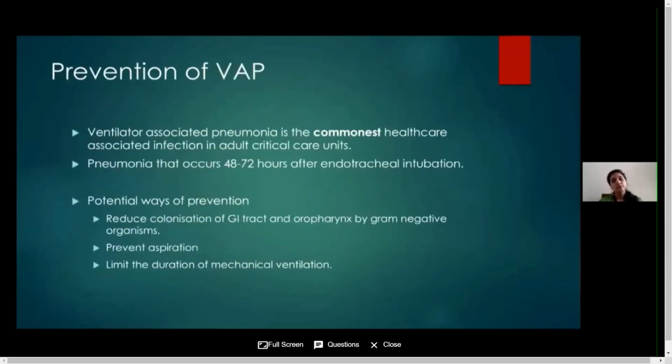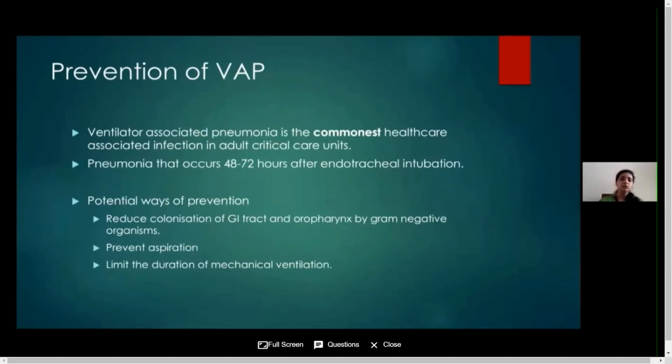When you are dealing with the ventilator and a ventilated patient, it's important to learn how to prevent VAP, or ventilator-associated pneumonias, which is one of the commonest healthcare-associated infections in critical care units. It occurs about 48 to 72 hours after endotracheal intubation.